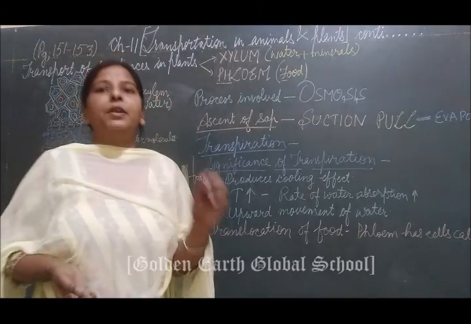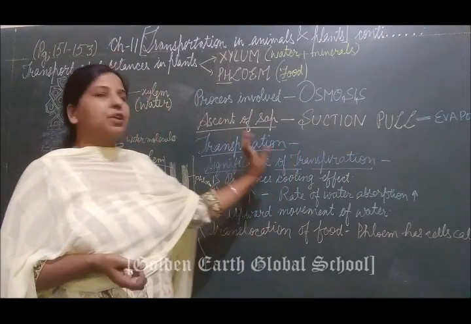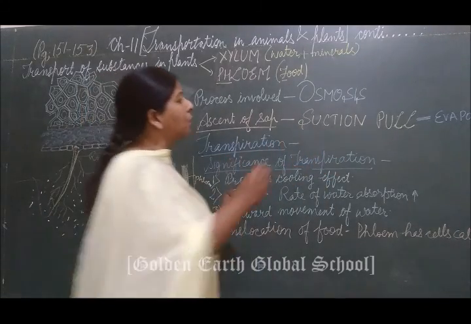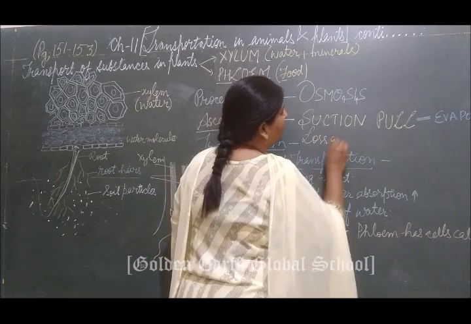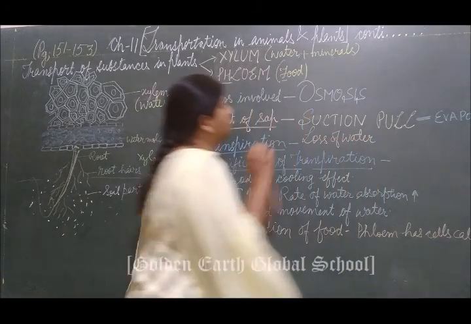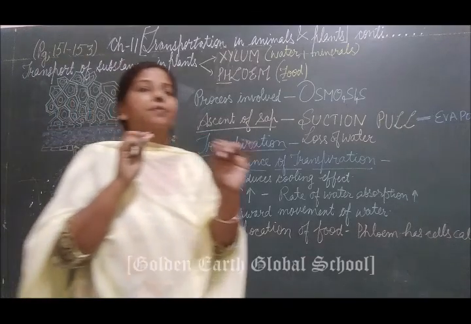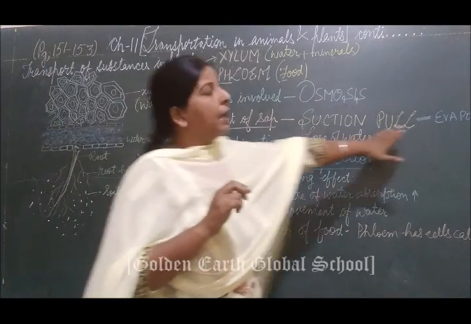Now there is a minute line between the evaporation and transpiration. Transpiration is the loss of the water, evaporation is also loss of water. There is a very fine line between these two, there is a slight difference in the definitions, not much, otherwise both are similar.